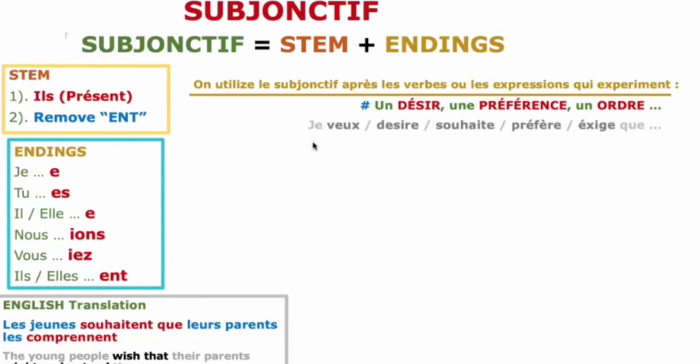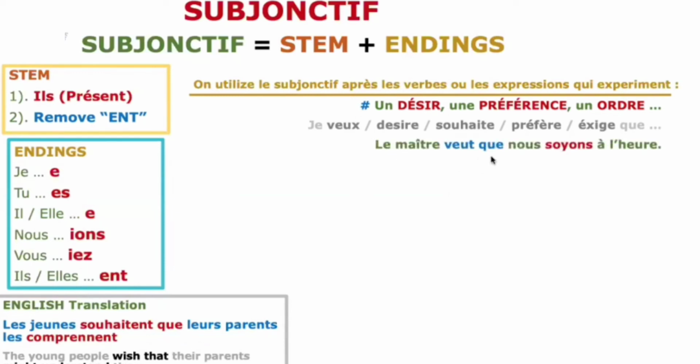So whenever a sentence starts with any of these expressions, then after them, if you find a verb, that verb should be in subjunctive tense. That is the thing. This you remember. How to get the subjunctive stems I already told you in this video. You practice it, then it is easy for you to conjugate that verb in subjunctive.